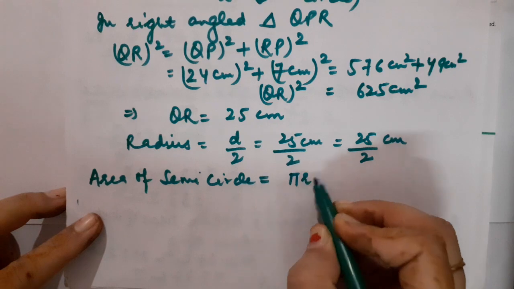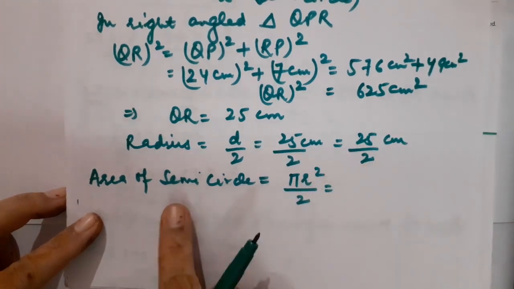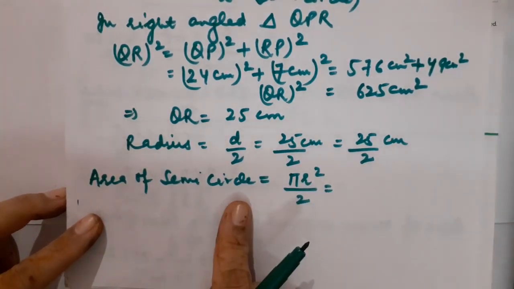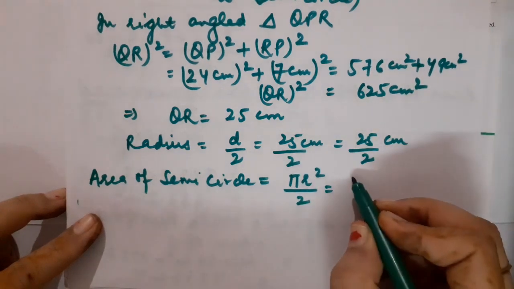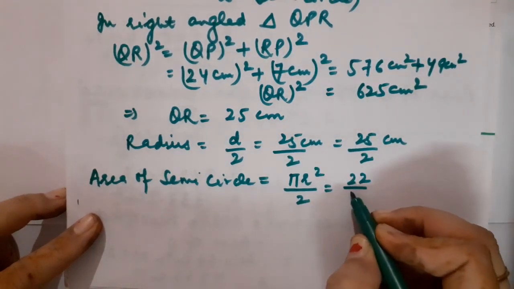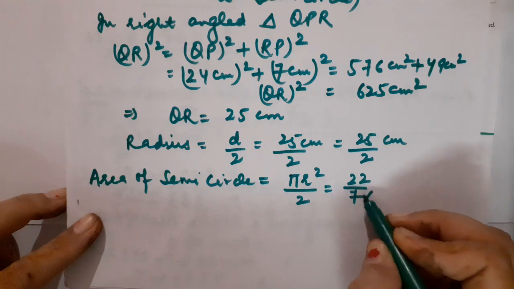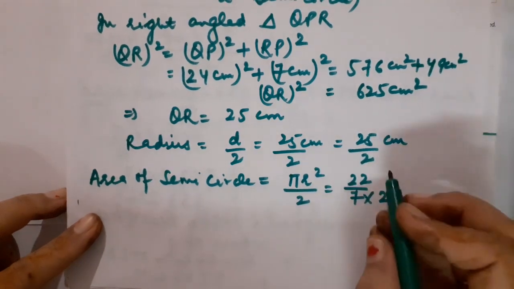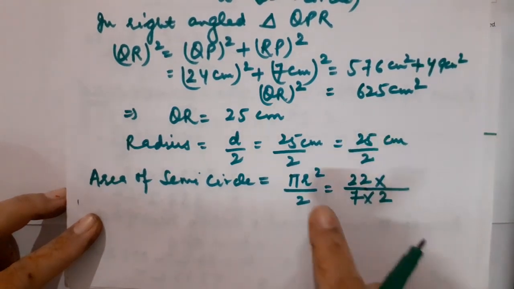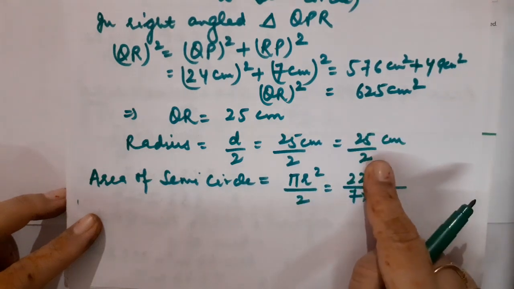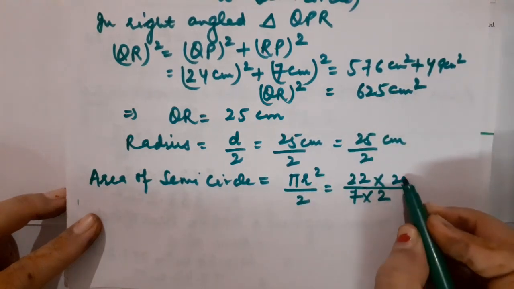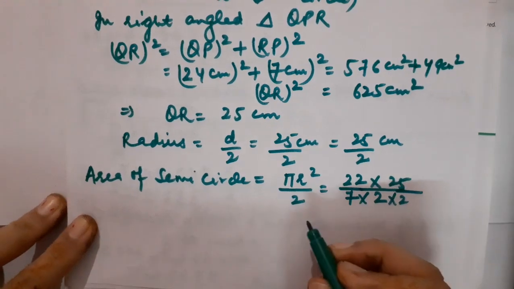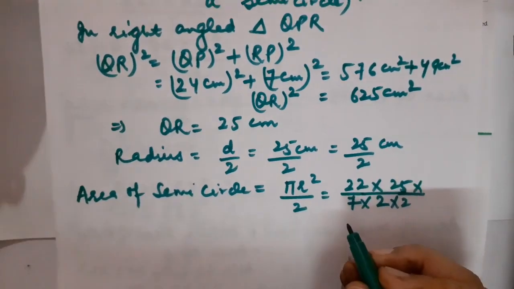The formula you know is pi r square by 2, semicircle meaning half of the circle. Let us apply the values. In place of pi, I will write 22 by 7, with 2 already in the denominator, and in place of r, I will write 25 by 2, one time and then 25 by 2 another time.